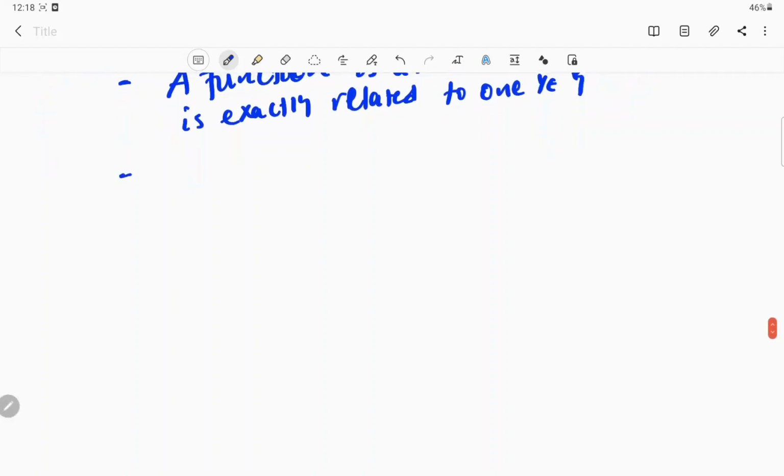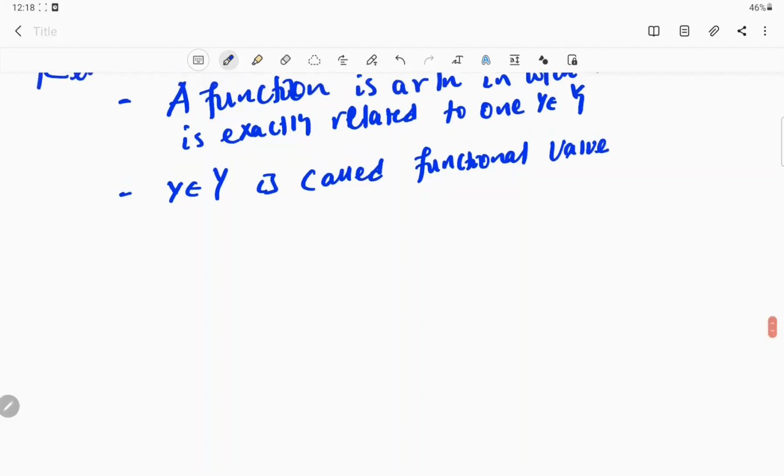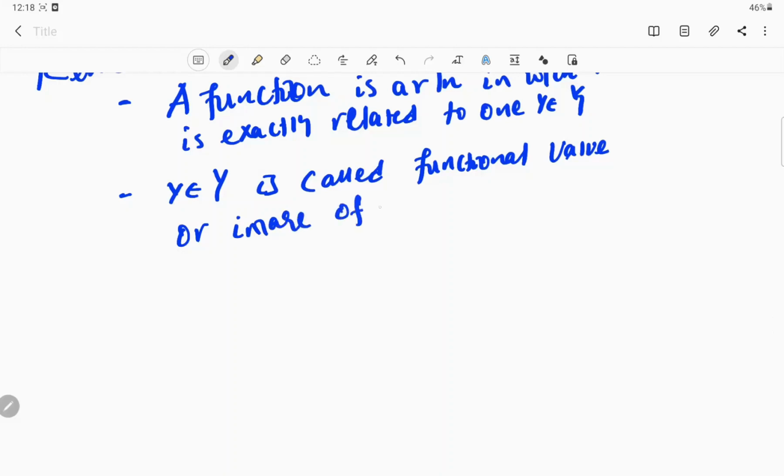This y in Y is called the functional value or image of x under a function f.